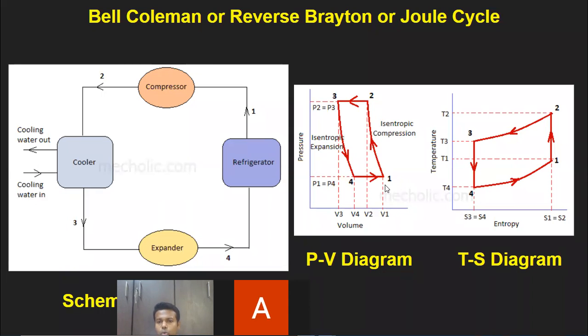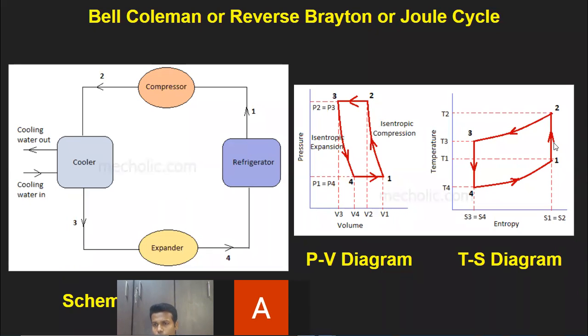So during 1 to 2, that is during compression, the arrow is going upward. It indicates it's a compression. Now for isentropic, I need to mention the word isentropic, otherwise I need to mention the law PV^gamma = C. So here I've written isentropic compression.